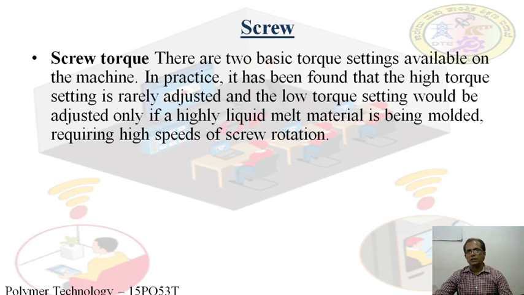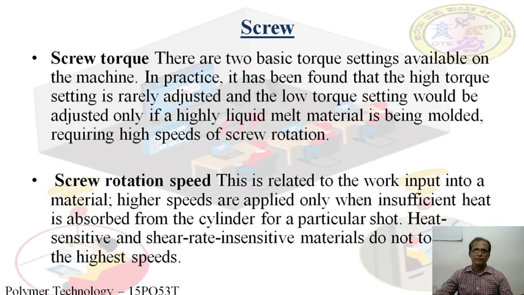In practice, it has been found that the high torque setting is rarely adjusted, and the low torque setting would be adjusted only if a high liquid melt material is being molded, requiring high speeds of screw rotation. The speed of the screw is also a very important aspect.